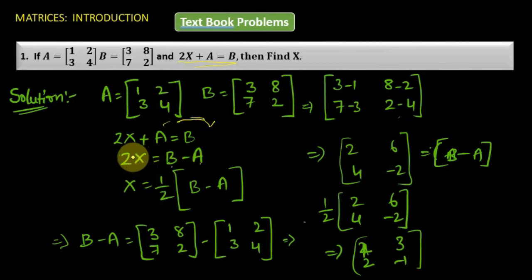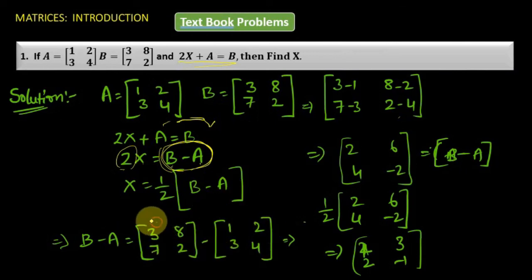Then if I transpose the 2 to this side, here it is in multiplication, right? When this comes to the right hand side, what happens? We get 1 by 2 of B minus A. So first I'll find the B minus A value, the subtraction of two matrices. First I'll write the B matrix, 3 8 7 2, minus the A matrix, 1 2 3 4.